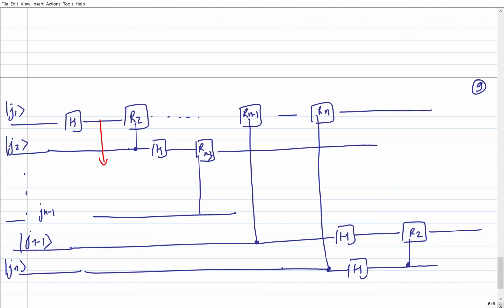And what are the states that are going to come? After the application of R2, I'll have plus two.